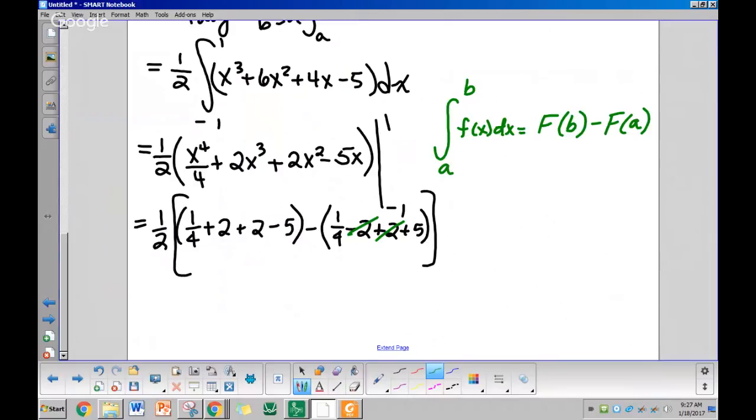You already have a minus on the next one down. See how you have 1/4 plus 2 minus 5, then you have minus all that. This right here is f of 1. This right here is f of -1.